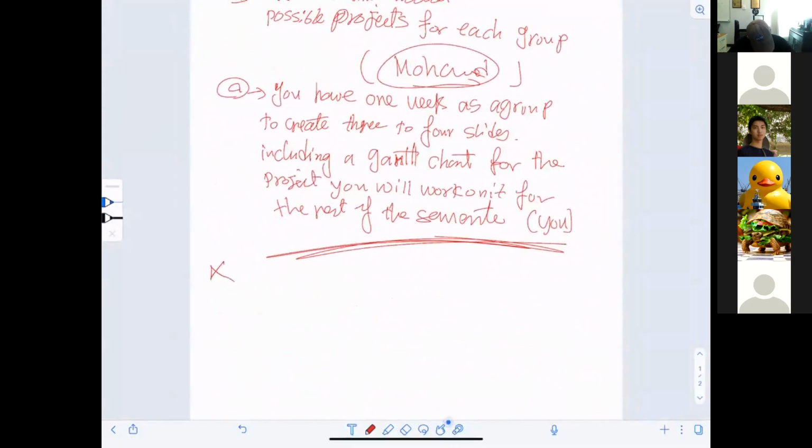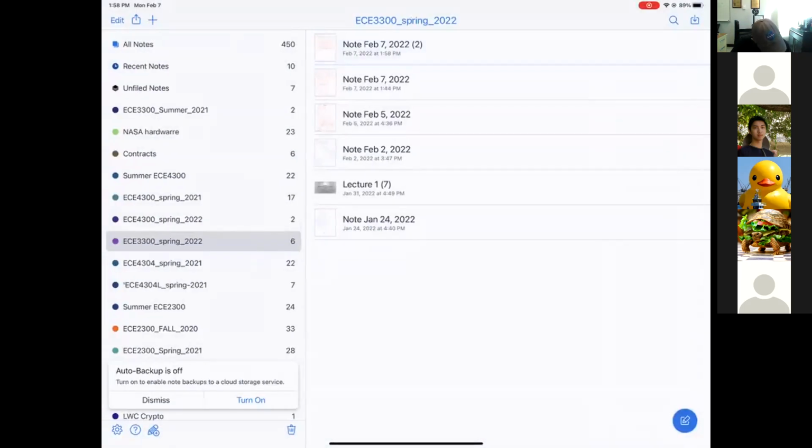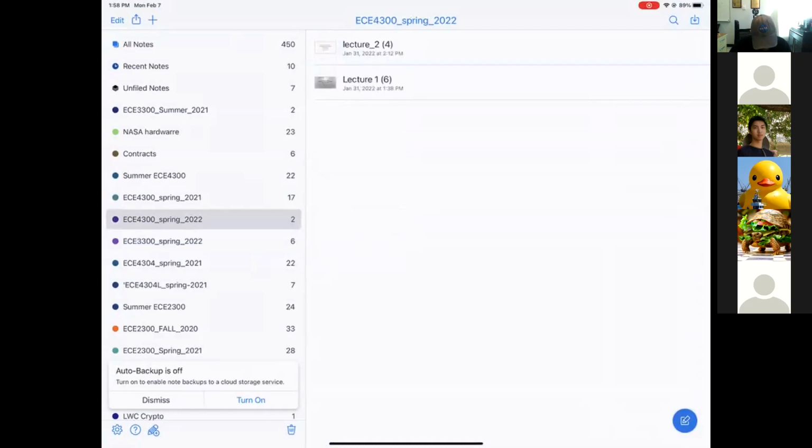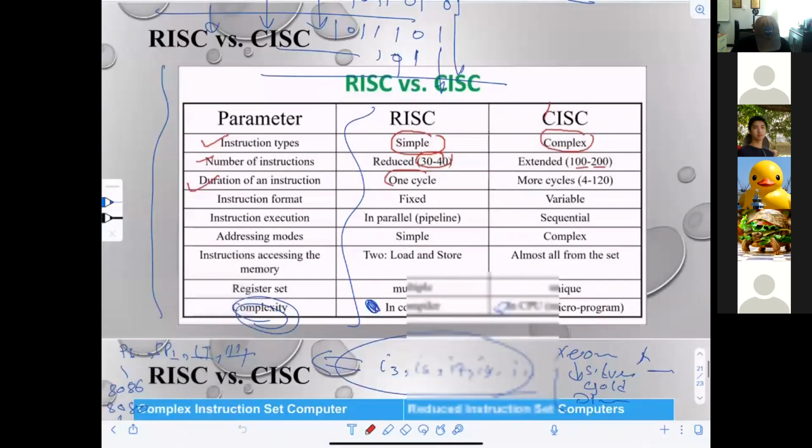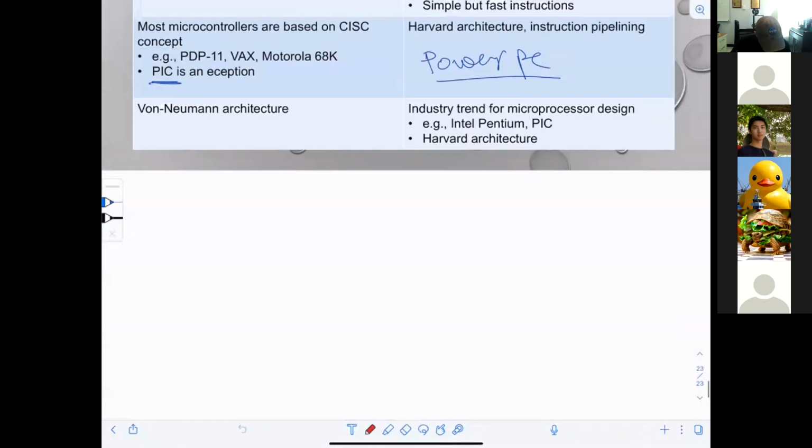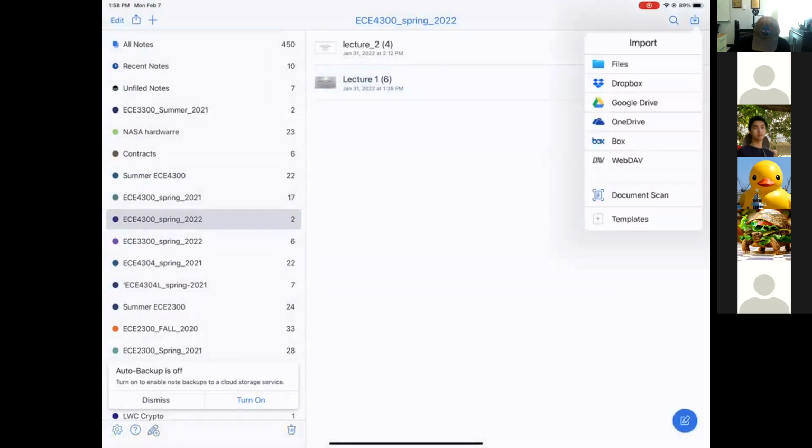Okay. Now, the traditional material. So 43 spring. We already finished this part, right?